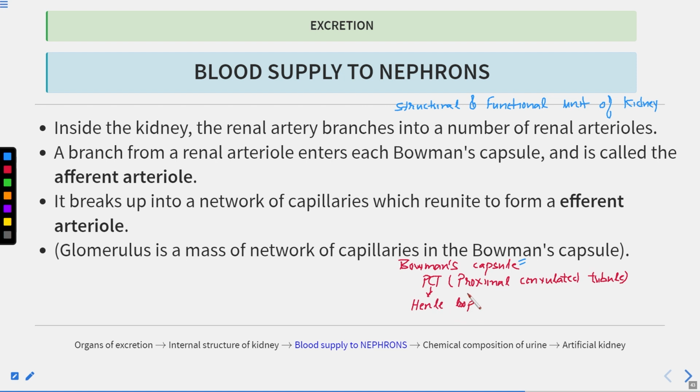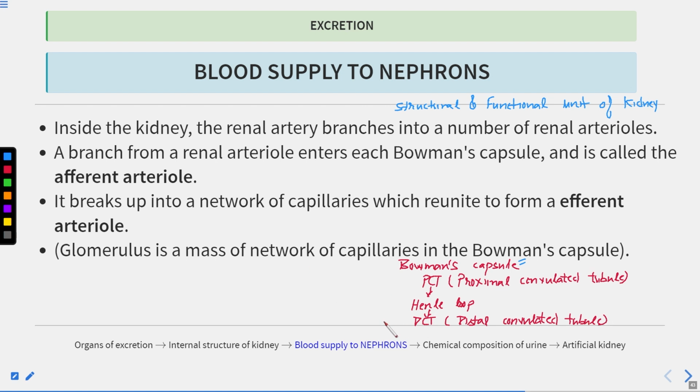Now we have the descending loop of Henle, and then the ascending loop of Henle. The ascending loop of Henle then leads into what? The distal convoluted tubule. Why are they convoluted tubules? Because they are quite twisted.